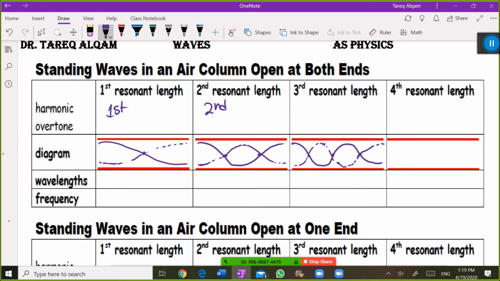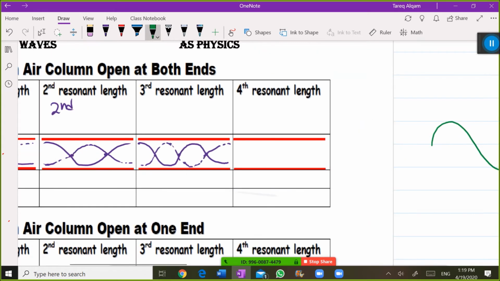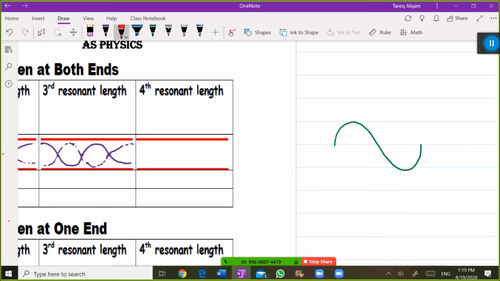Now here, the wavelength. Look here. According to the wave, what is this part? What is the fraction of this part from the wave? This one, between the green lines. If I consider a wave, this is a wave. This part represents this. What is the fraction of this?